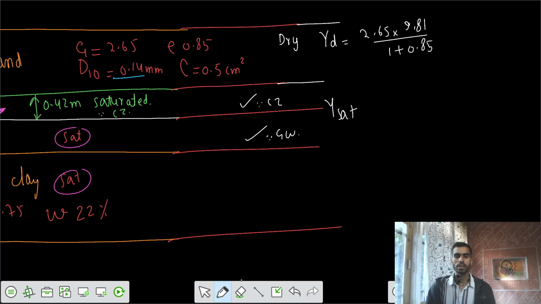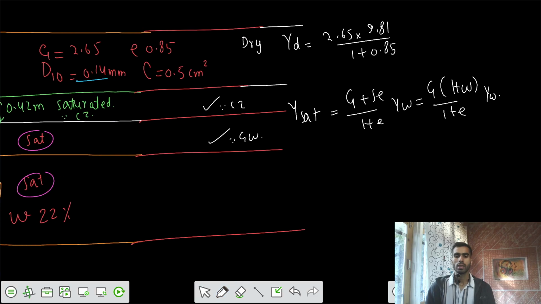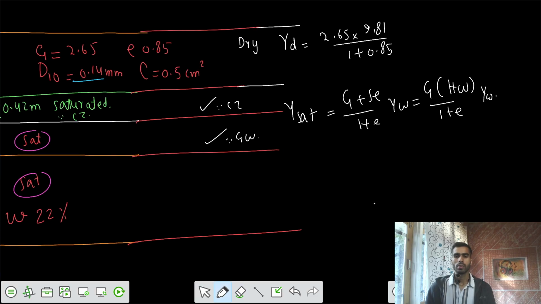So we have the equation gamma sat equals G plus S e by 1 plus e into gamma W. That's also equal to G into 1 plus w by 1 plus e into gamma W. We can simplify that and substitute the values. Say G is 2.65 into 1 plus water content, divided by 1 plus e, 0.85.